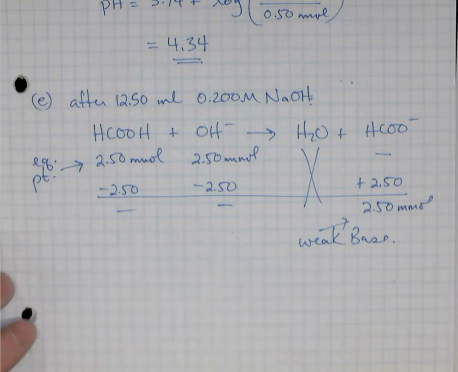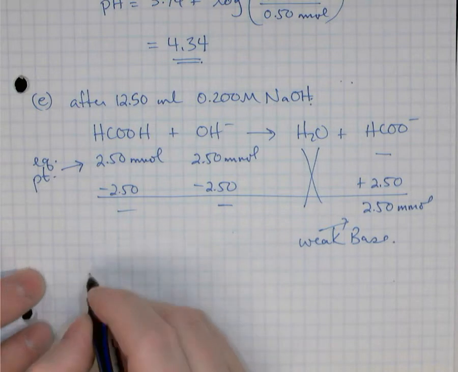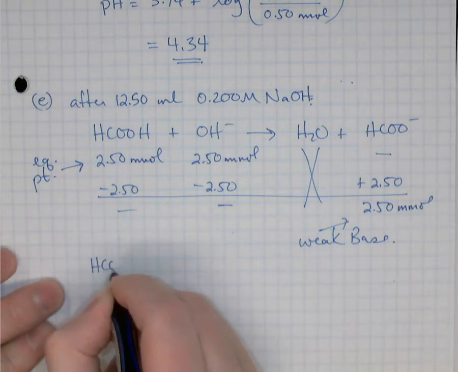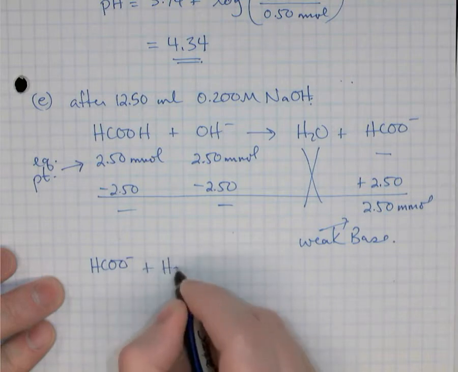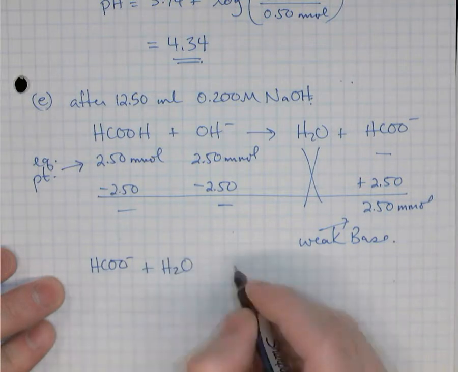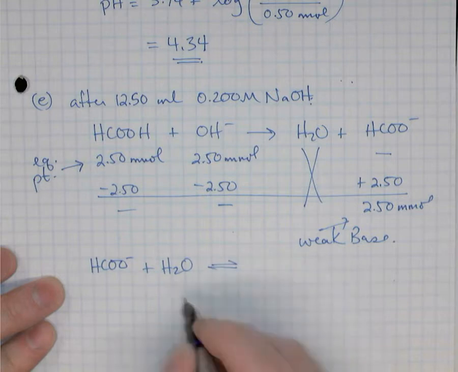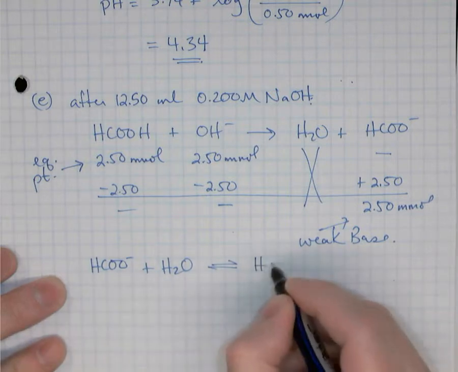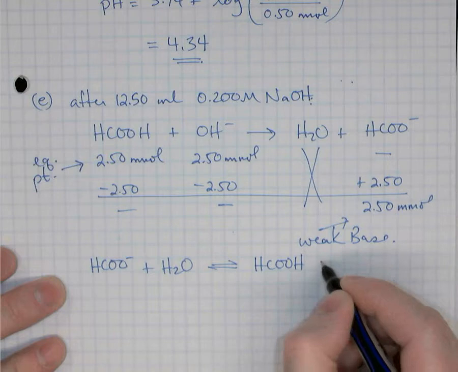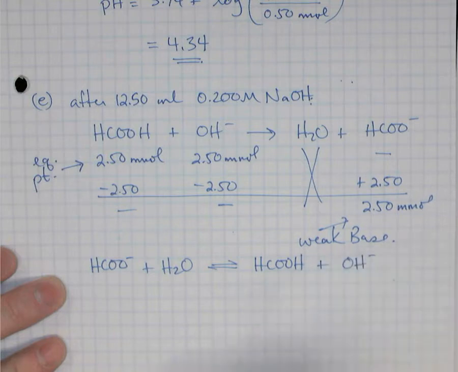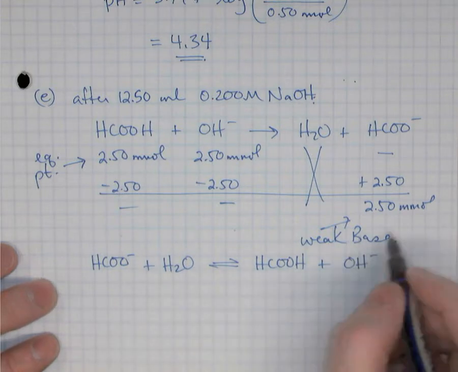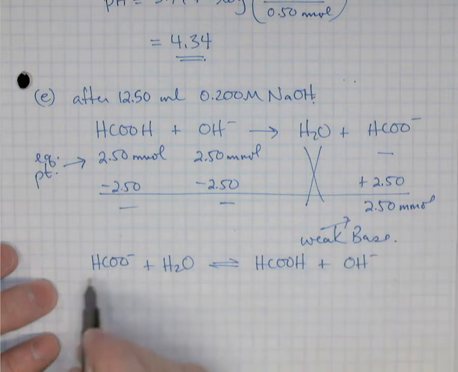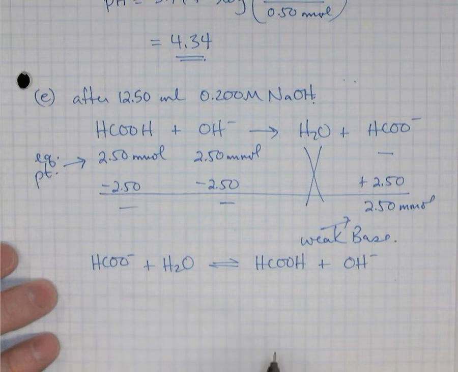So we have to do a weak base pH problem. So we'll take the weak base, the formate ion, let it react with water in a weak base pH problem. It accepts hydrogen, forming formic acid again, and hydroxide ions. We're going to need two things. We need to know what the concentration of the weak base is, so we can put that in the table here, and we need to know the Kb value for the weak base.